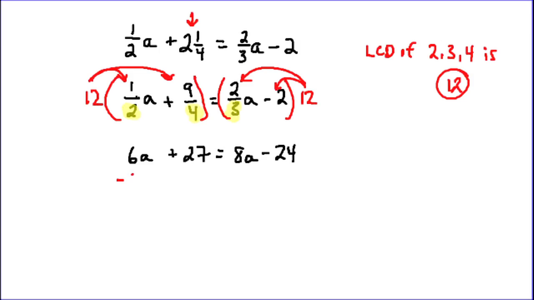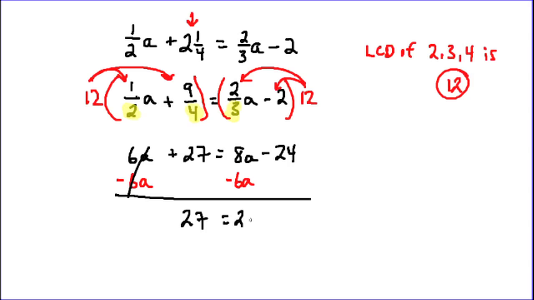I'm going to subtract 6a from the left and 6a from the right. Remember, I personally like to eliminate the smaller set of variables. So now I have 27 equals 2a minus 24. Now I'm going to add 24 to the left and to the right.